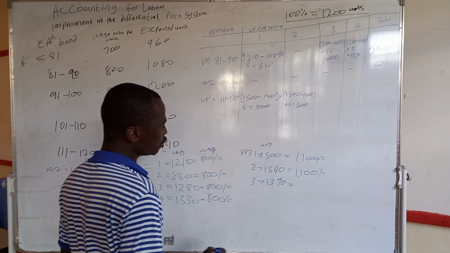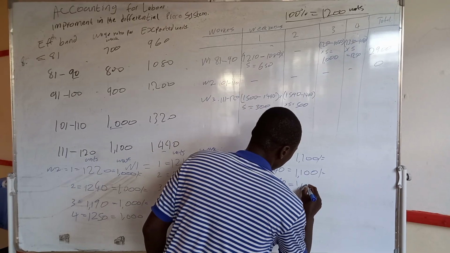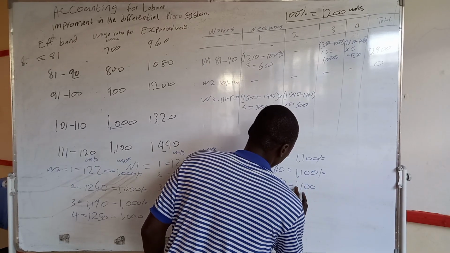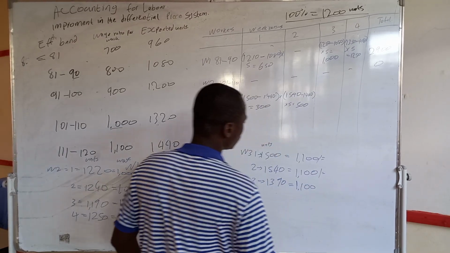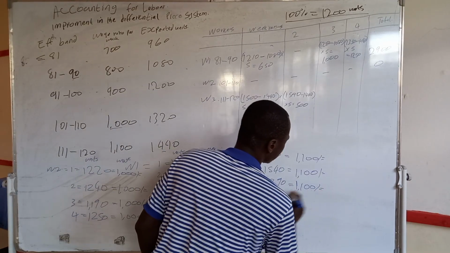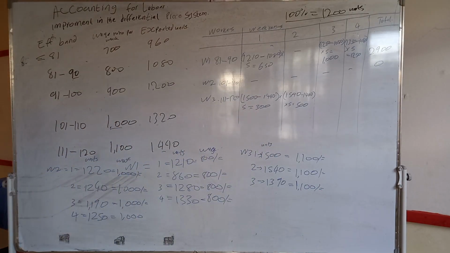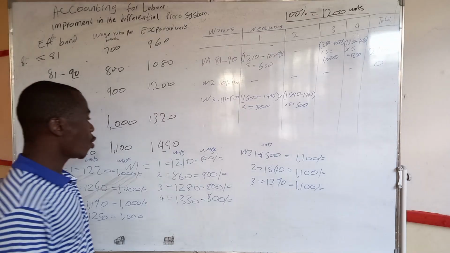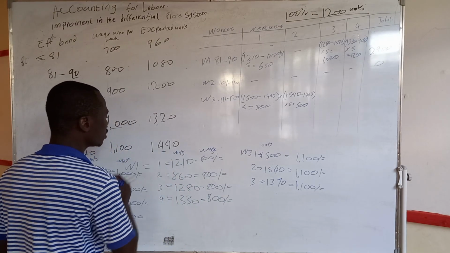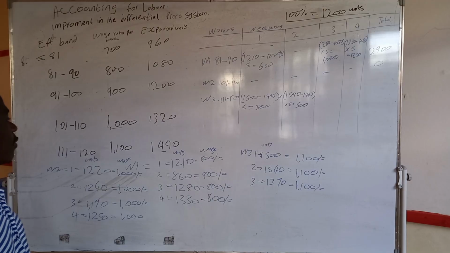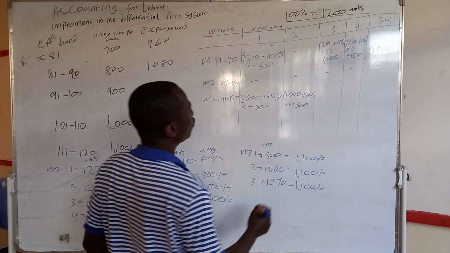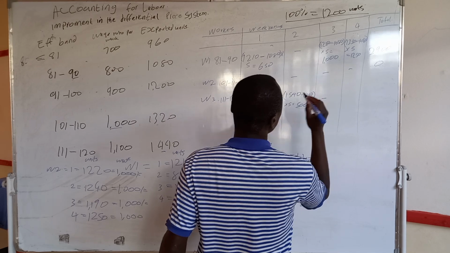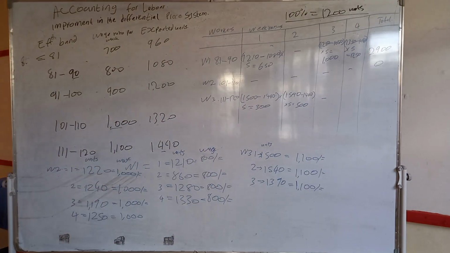Meaning the fixed wage remains 1,100 shillings. Okay? Any bonus? No. He was expected to do 1,440. He did not surpass that. So the bonus is none. There is no bonus.